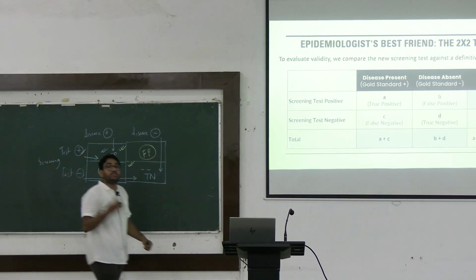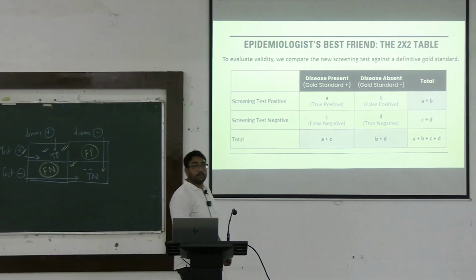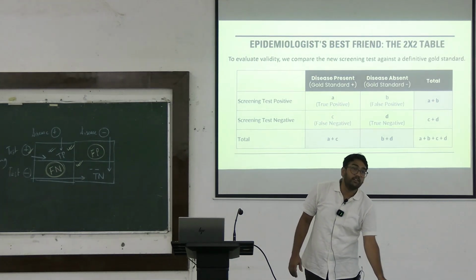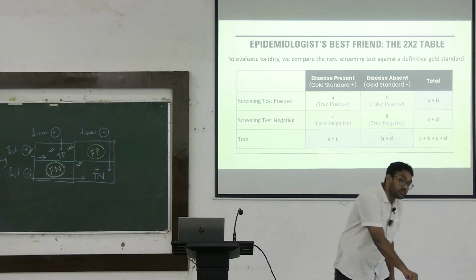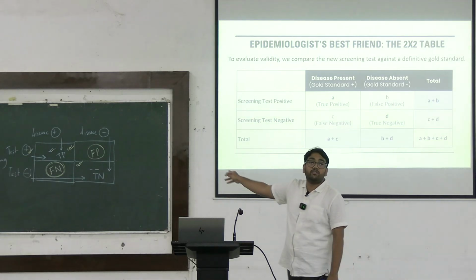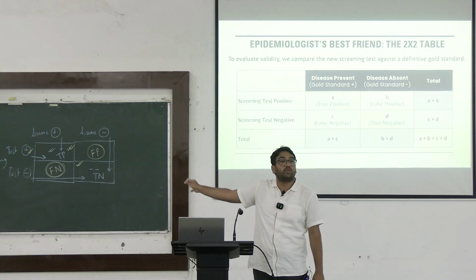So what will be our objective in selecting a test? Our objective will be to maximize which two squares and minimize which two squares?